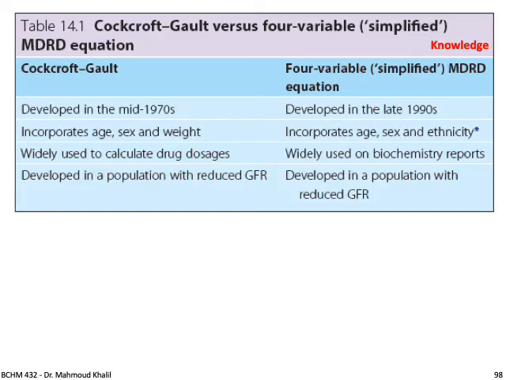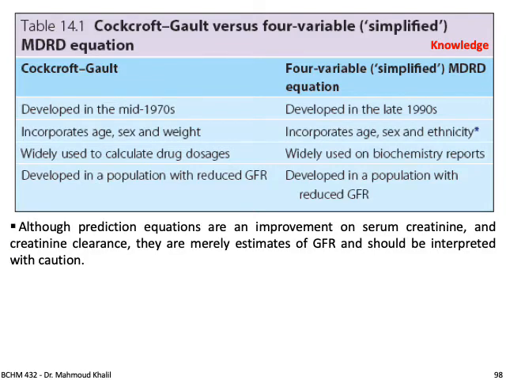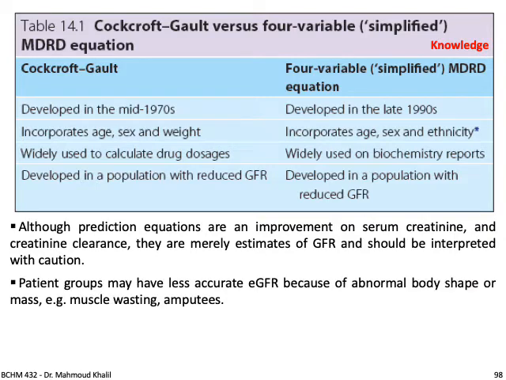Okay, so this table is only for knowledge, to show how you can differentiate between the two ways of measuring the creatinine. It's only for knowledge. So although these prediction equations are an improvement on serum creatinine and the creatinine clearance, they are merely estimates of GFR and should be interpreted with caution.